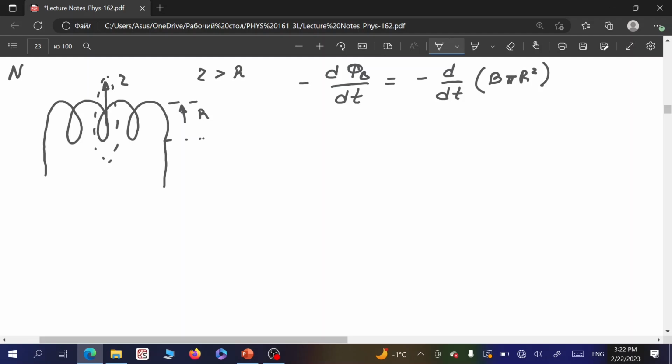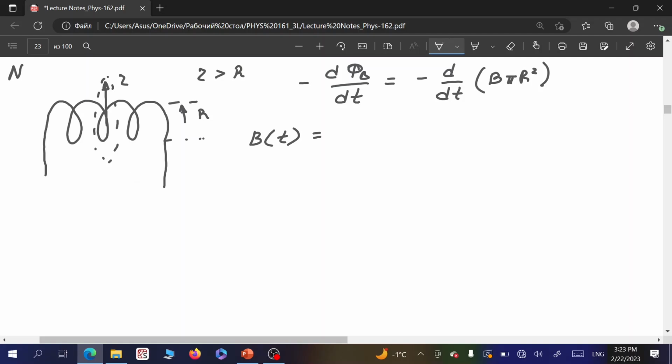So now what is magnetic field? Because that is a function of time. Who recalls what will be the expression for magnetic field in solenoid?